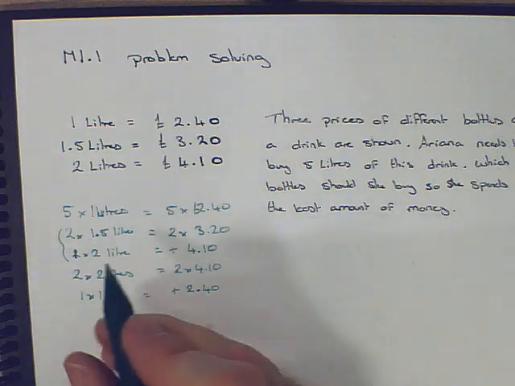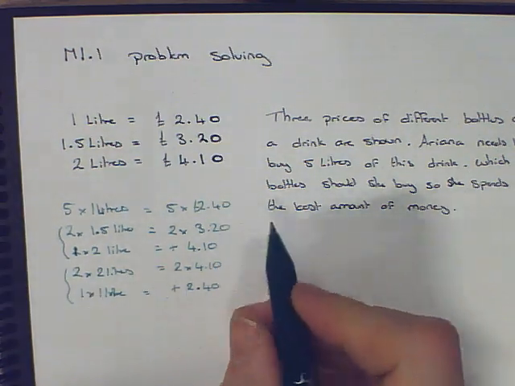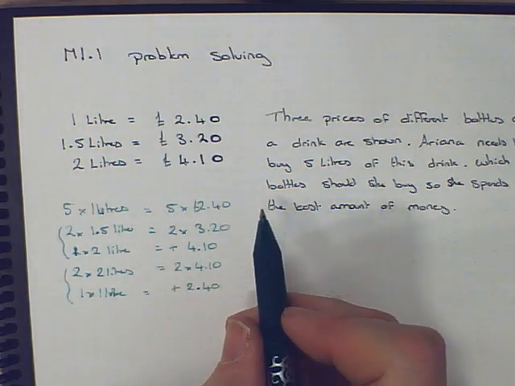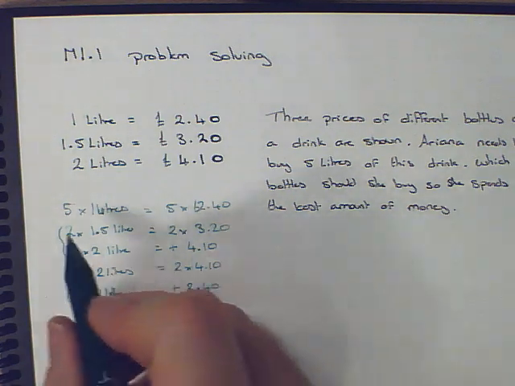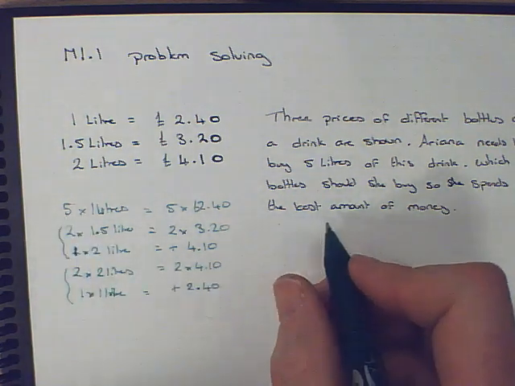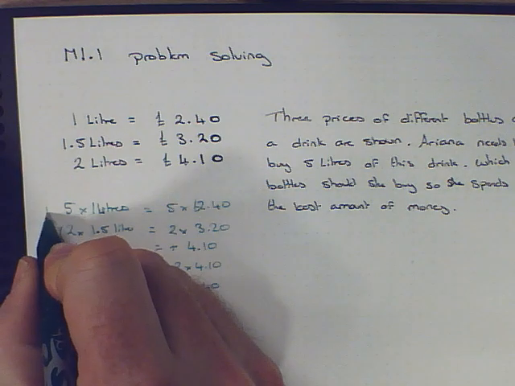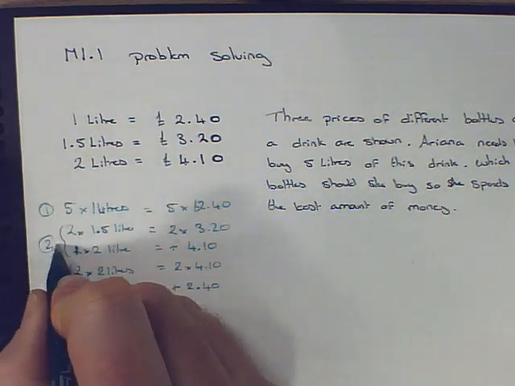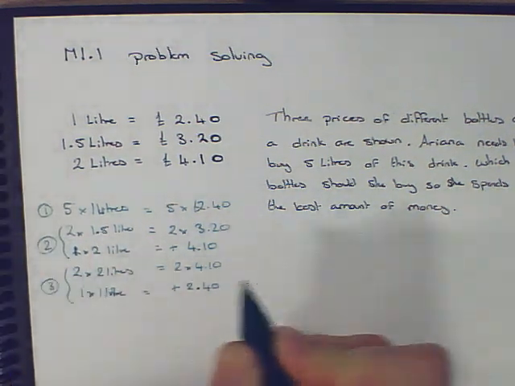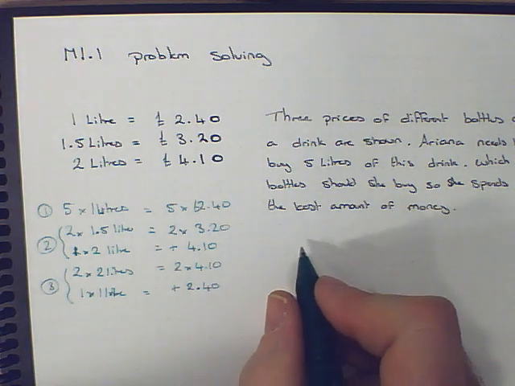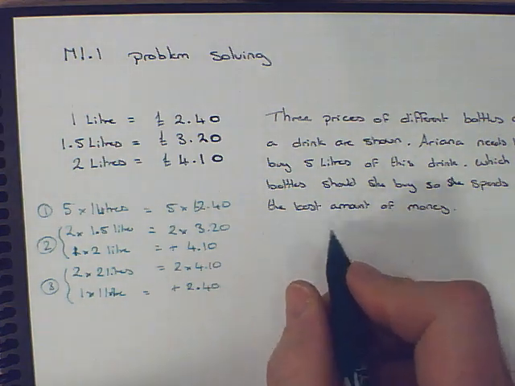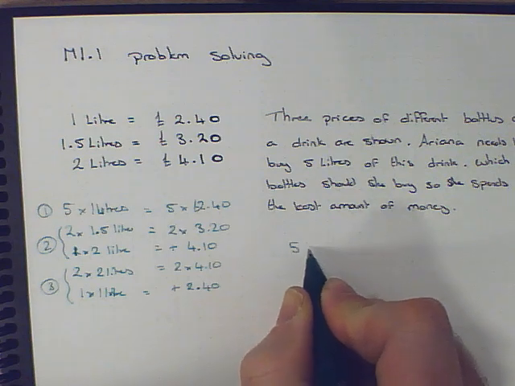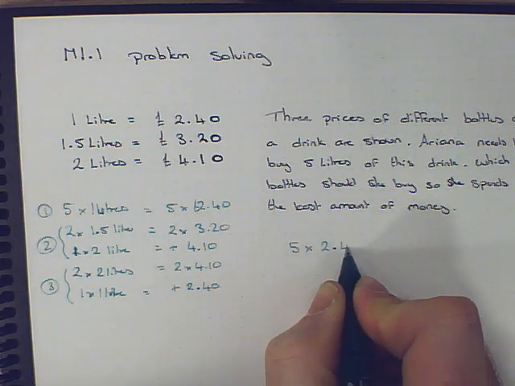So I think the most likely scenarios here are these 3. I'm going to label them option 1, option 2, option 3. Those are our 3 most likely outcomes. So, 5 multiplied by 2.40.